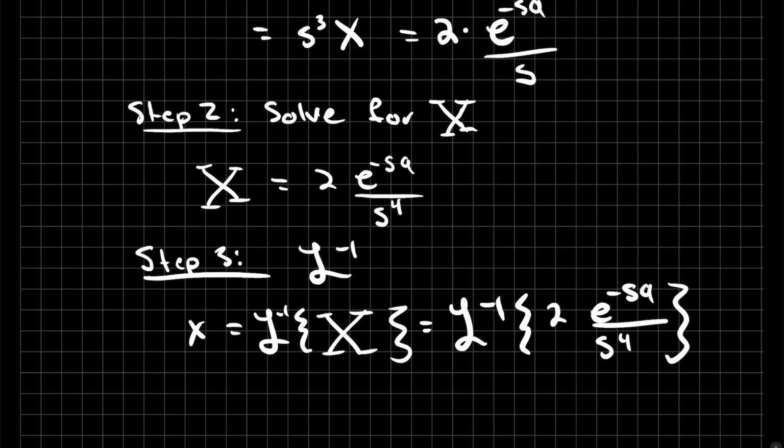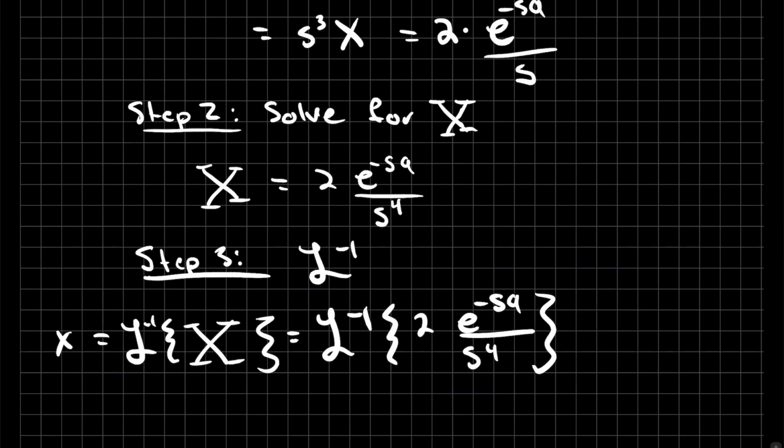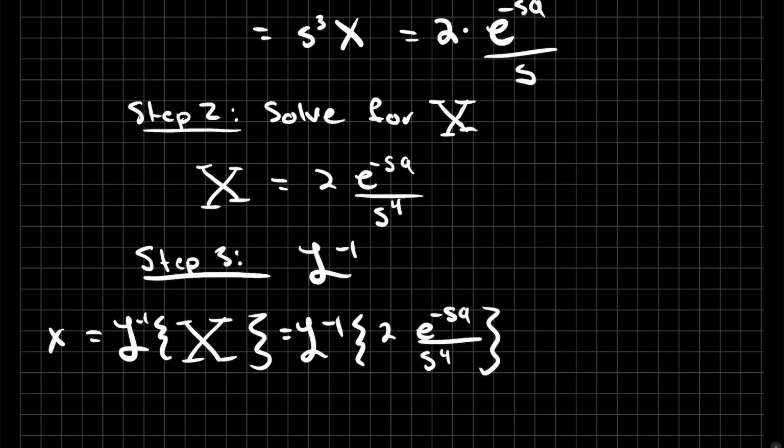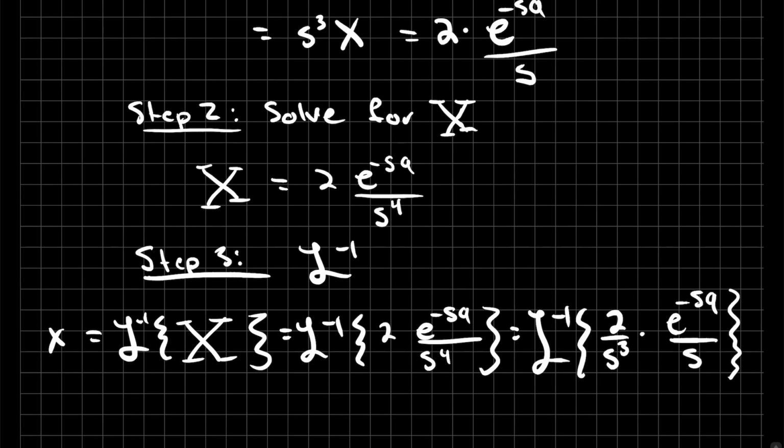Now what we want to notice is that on the right, we can split this up in the following way. We have the inverse Laplace, and on the inside we can split this up as 2 over s to the third power times e to the negative sa over s. And this looks familiar.